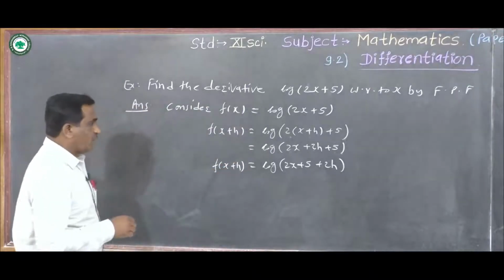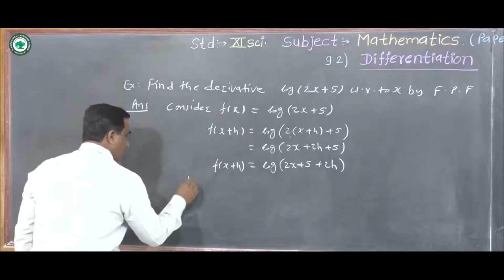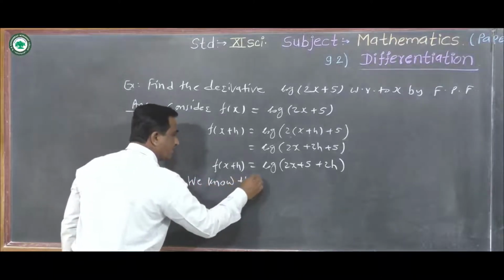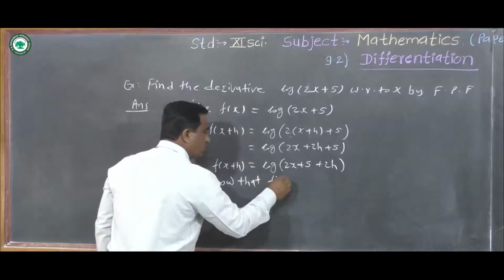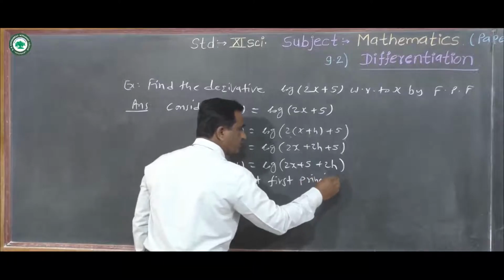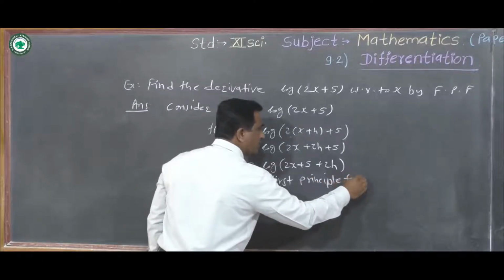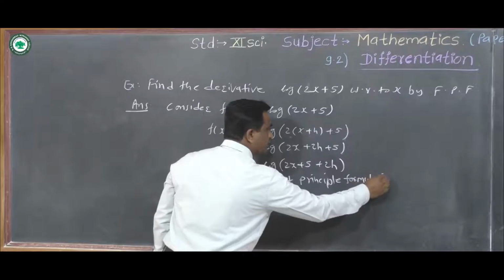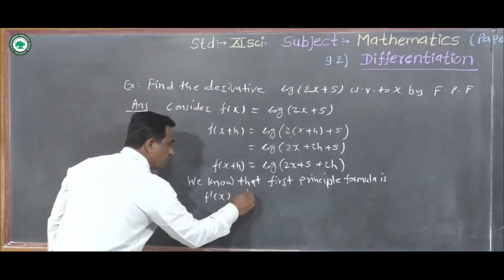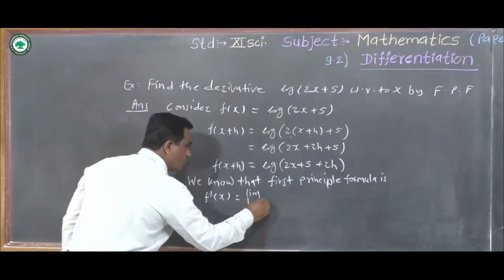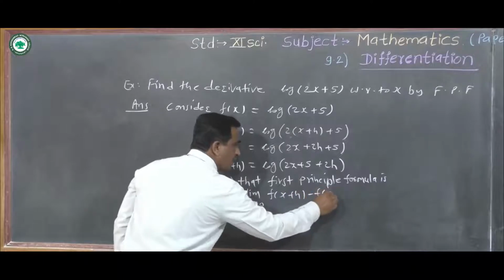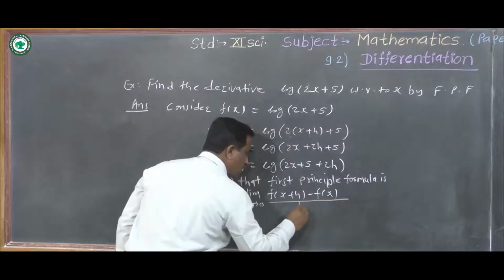Okay, now we know the first principle formula again. The first principle formula is f dash of x is equal to limit h tends to 0 of f of x plus h minus f of x upon h.